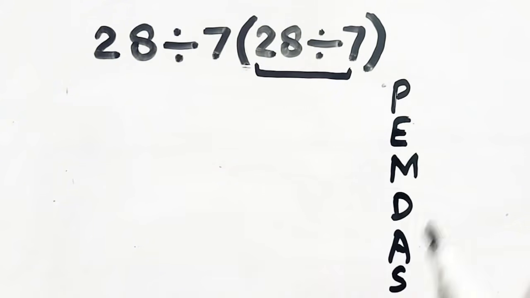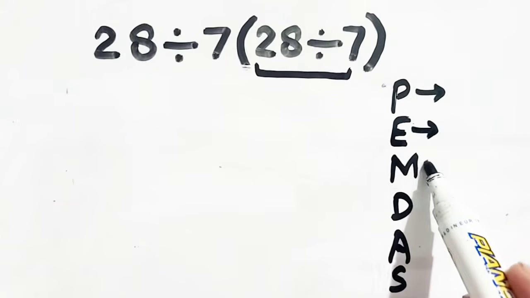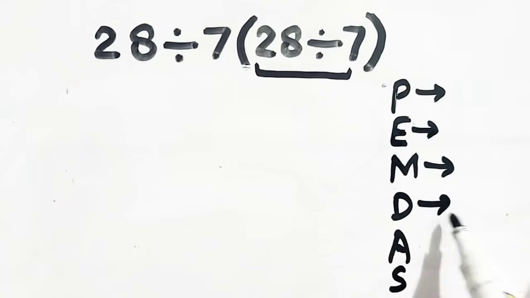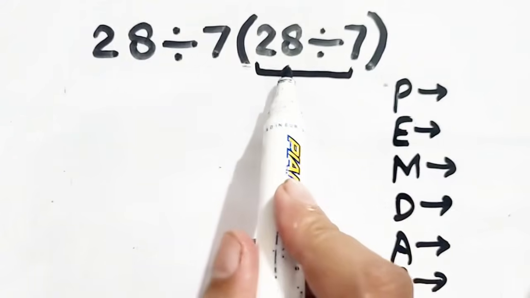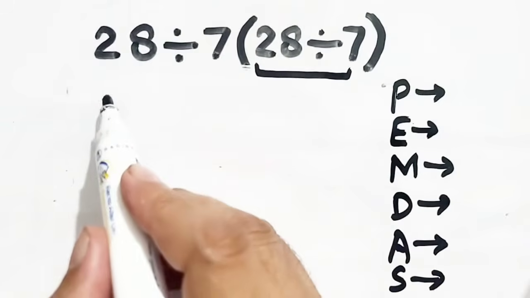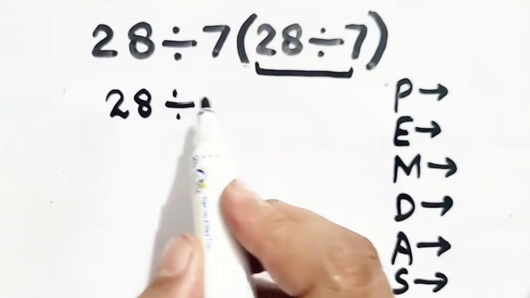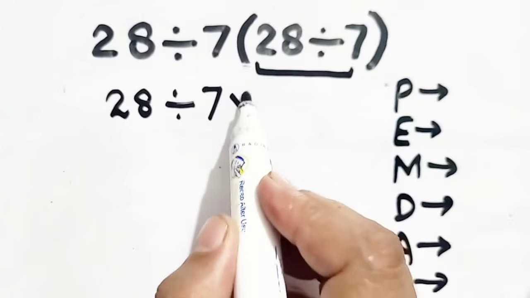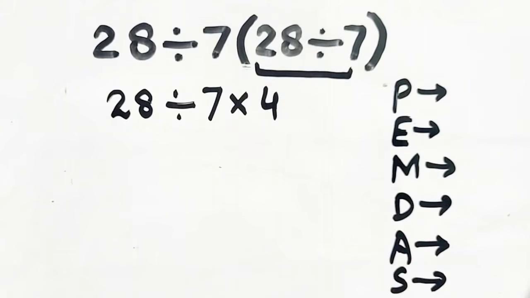First of all, we have to solve parentheses, then exponent, then multiplication, then division, then addition, then subtraction. So, parentheses is there, so 28 divided by 7 will be equal to 4. Okay?